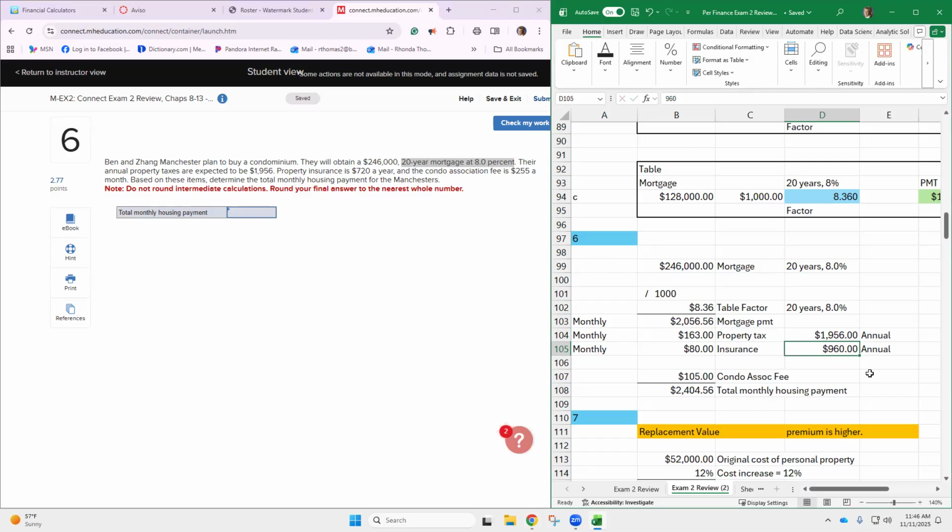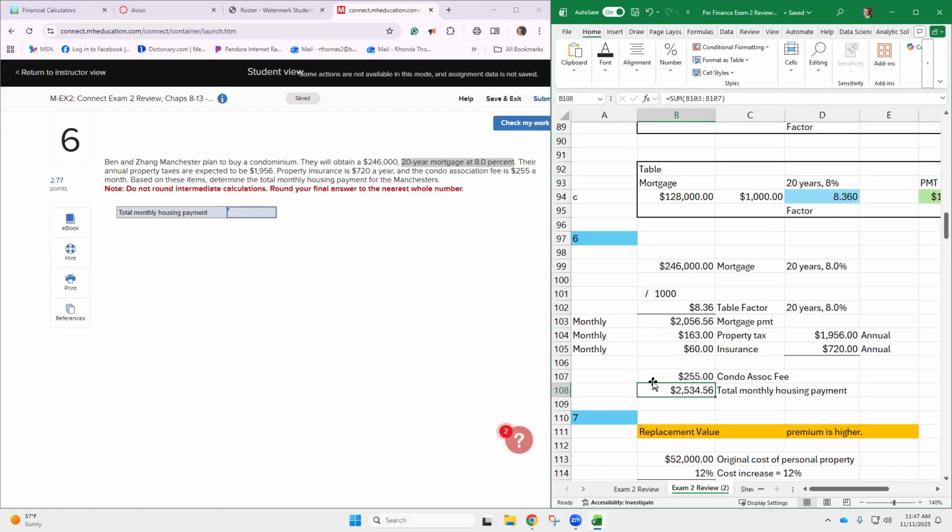Now, they gave us property tax, but they gave us the annual amount. So we put in your property tax. They also gave us the insurance premium for the year. So each of these amounts they give us annually. I have divided these amounts by 12. You would want to divide each of these two amounts by 12 and then add that to the mortgage payment. And then finally, the condo association fee is $255.